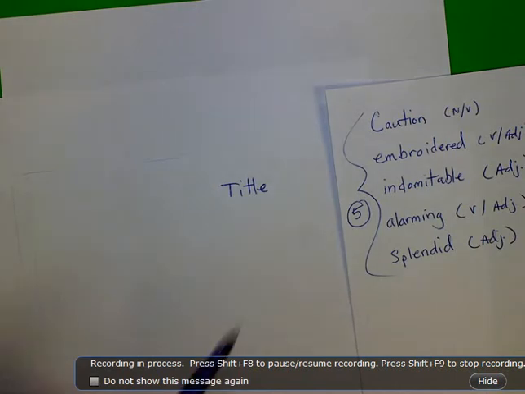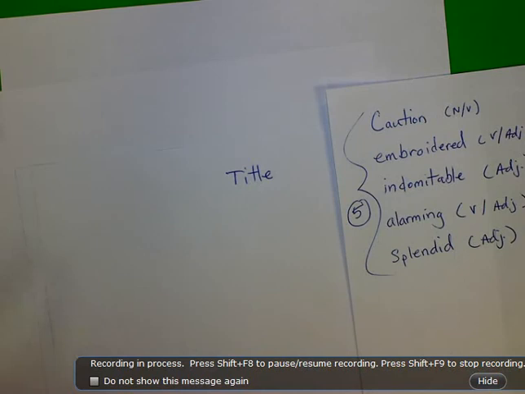Right off the bat, I know these words, and I'm thinking this sounds like maybe a fantasy hero type story, where someone needs to take caution, where they may have a patch embroidered on a vest or a piece of armor.